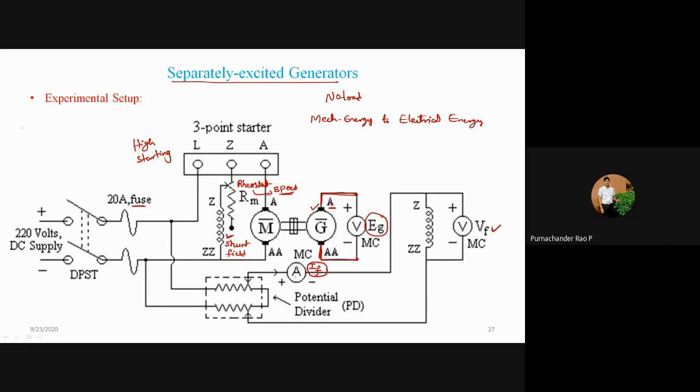So how do you get this? This open circuit characteristic, whether the field winding is self-excited or separately excited, has a certain voltage. This voltage is called the residual voltage, and then it varies linearly. We need to represent EG or EA on the y-axis, and on the x-axis the field current, and the variation of EG with respect to the field current can be obtained like this.